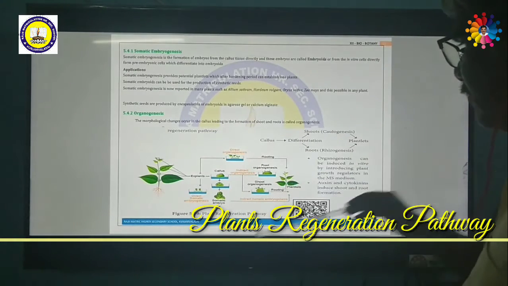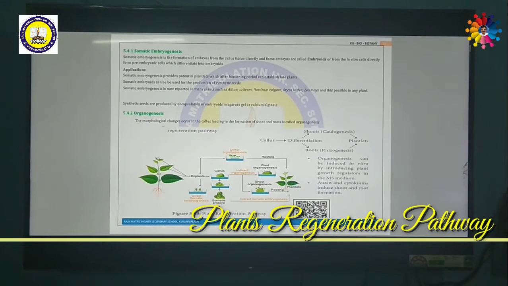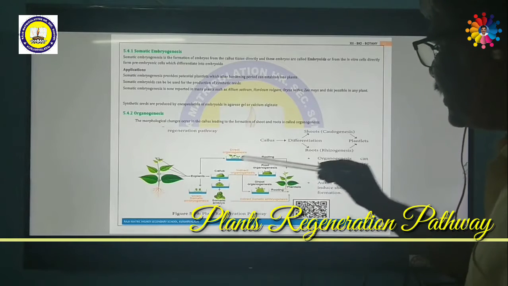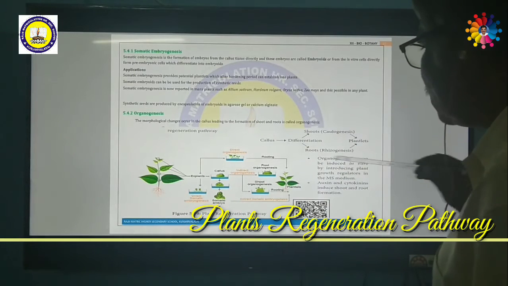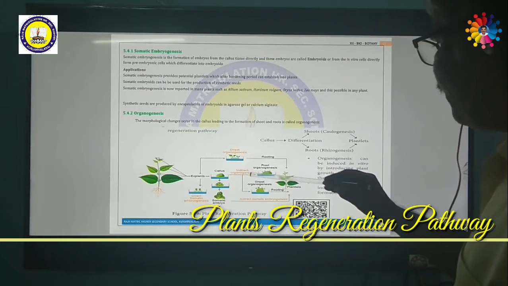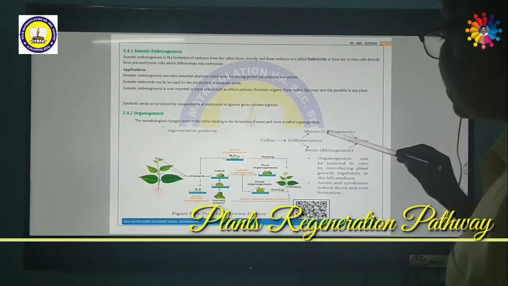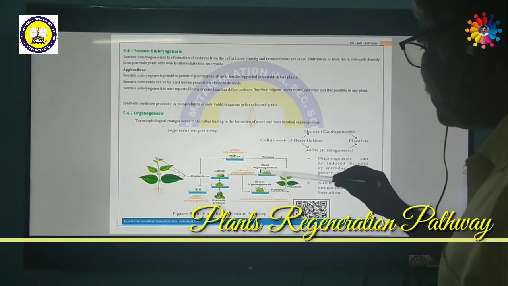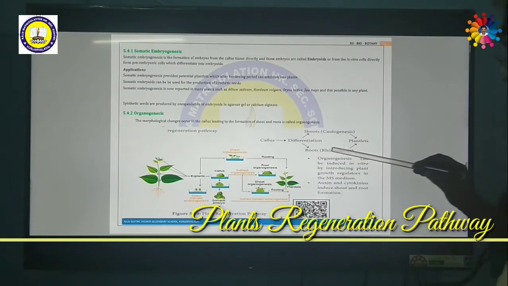So this is the plant regeneration pathway. From this callus, diagrammatically a flow chart is given. If the callus differentiates and produces shoot, it is called caulogenesis. If it produces root, it is called rhizogenesis. Then a plantlet will be produced.